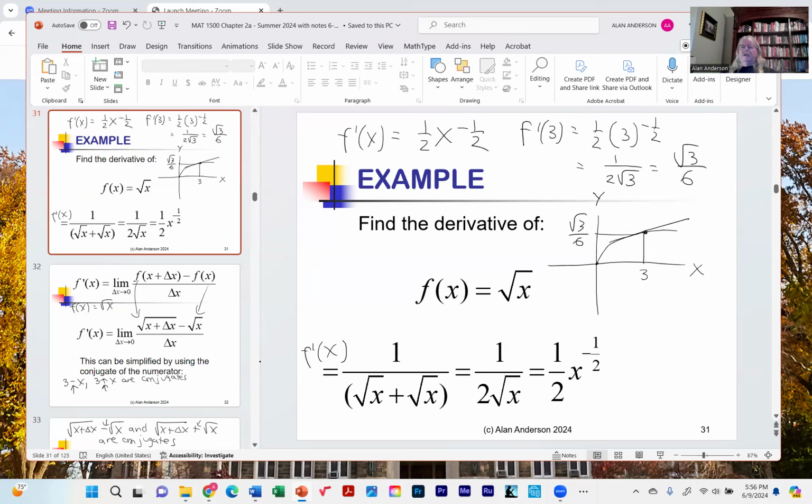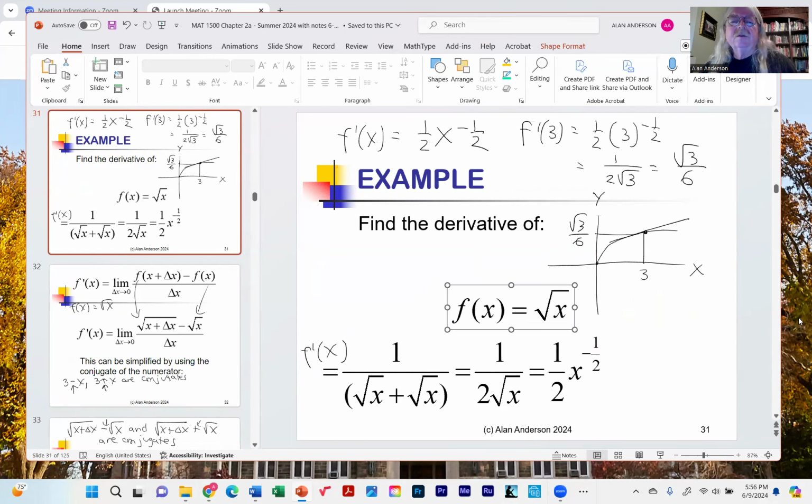And so that is my slope at that point. By the way, what happened here with this 1 over 2 radical 3? We normally try to avoid having radicals in the denominator. How did I get around that little problem? Let me show you real quickly over here. I'm just going to multiply this by radical 3 over radical 3.